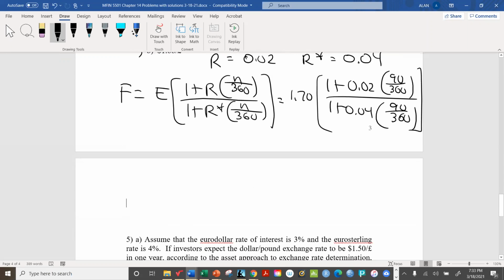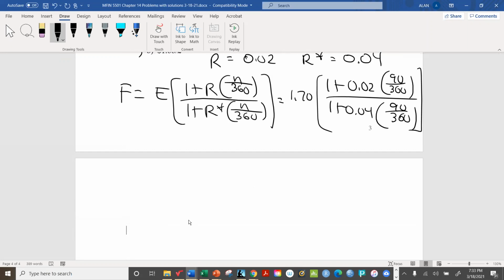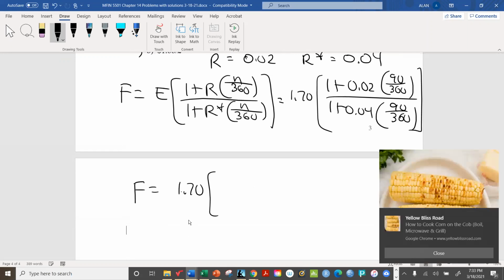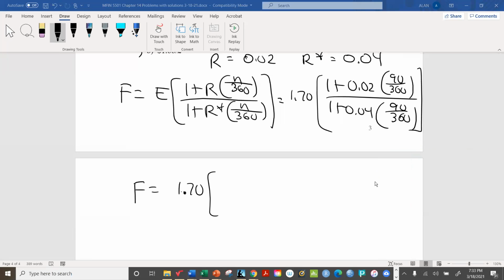And so what you've actually got here is the ratio of 1.005 divided by 1.01. And when you multiply this out, you should get approximately 1.6916.